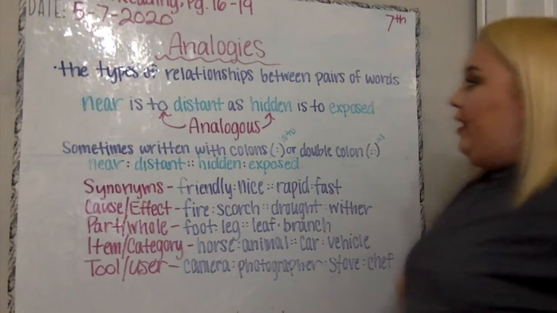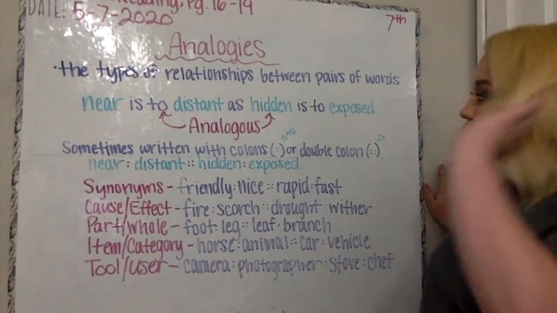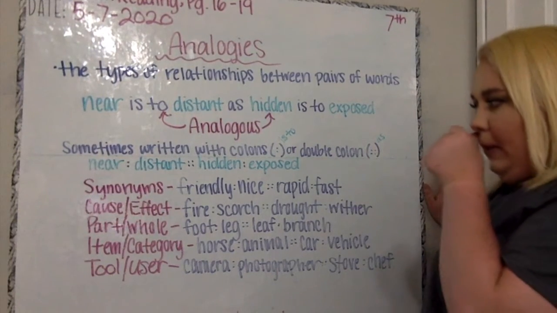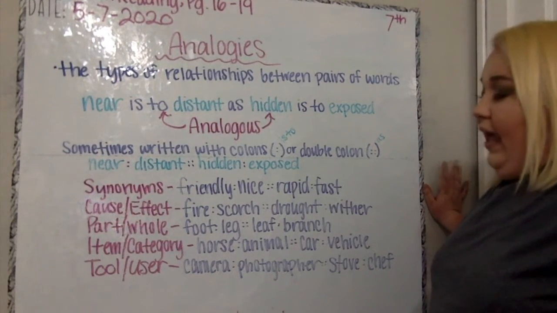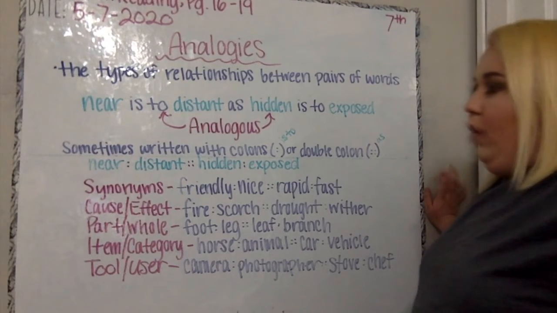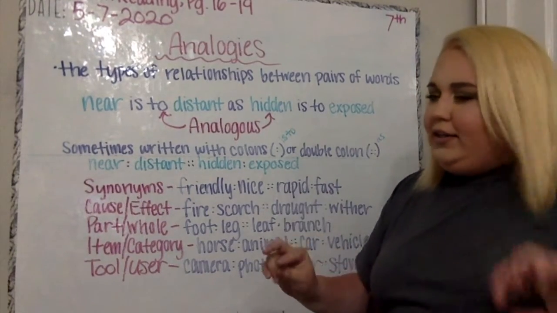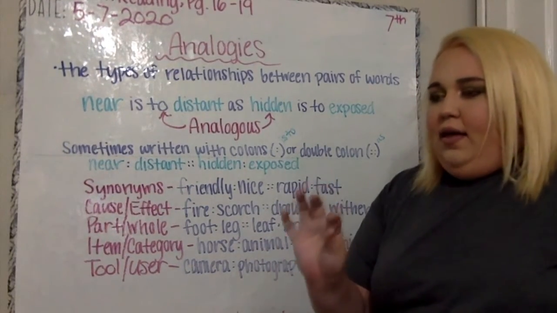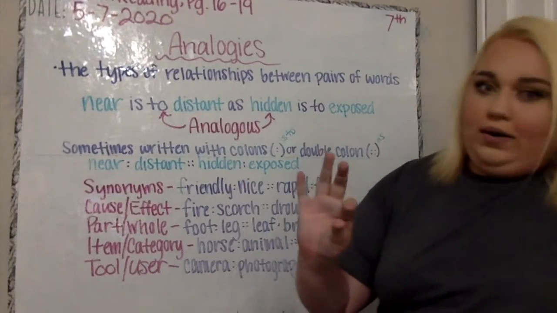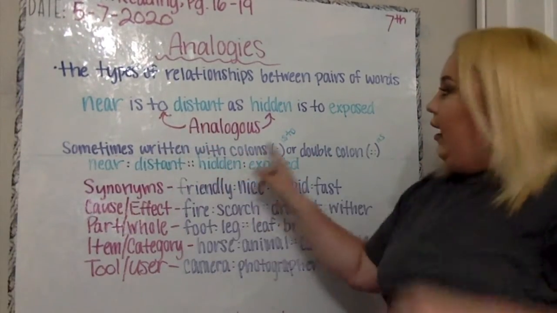Okay, so you're just replacing the words is to with a single colon and the word as with a double colon. Now, antonyms are not the only kind of analogy. So antonyms is saying this means the opposite of this, which near is the opposite of distant, and hidden is the opposite of exposed.